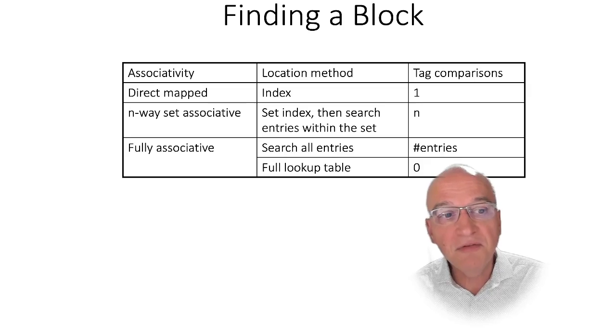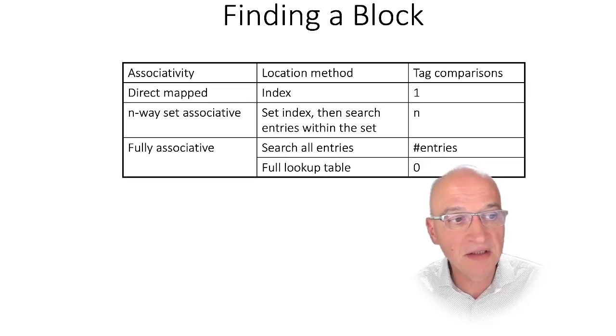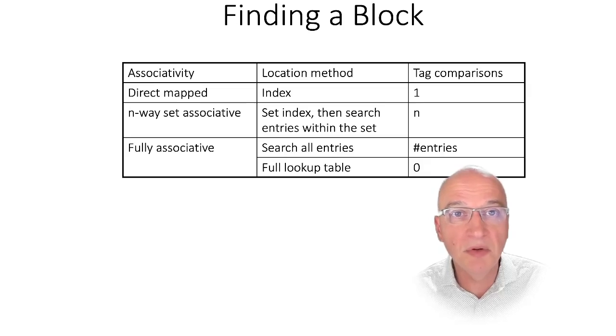If I have a fully associative cache, then I search all the entries. I have to compare the number of entries, or I could use a full lookup table, in which case the tag comparison could be 0, because in a full lookup table, I will take the full address and I will look it up.